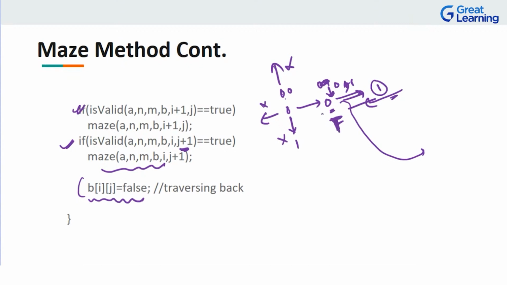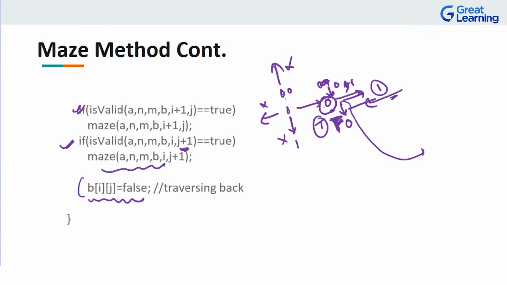So we had this false again, and once we are done, this time we traverse downwards. Then we update this position to true again. So try to dry run this, guys. This is very intuitive. Just try to dry run this example and you will understand what is happening exactly. Once we are done with this, we will be able to find all the possible paths.